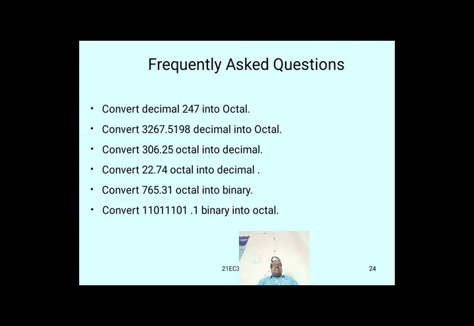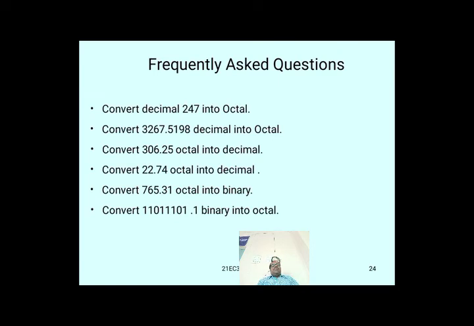Here, the question doesn't mention the base values of the numbers, but it mentions the words decimal 247, decimal, octal, octal, octal, binary. We can write it like this also. If you have any confusion, you can write it like this in the answer.